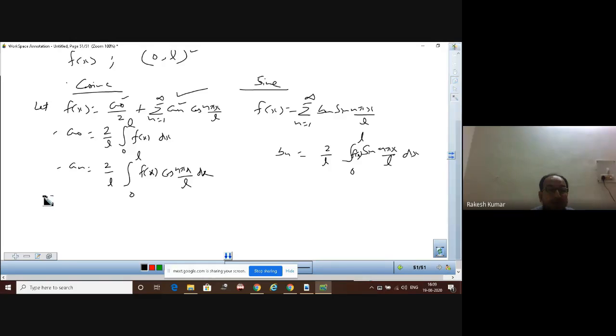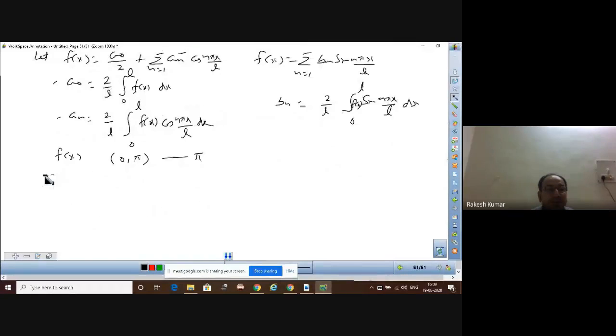The question comes, if in place of period L we are in the interval 0 to pi. So if the function is f of x in the interval 0 to pi, clearly the period is pi. The question is of a half range. Then what will be the value of this series?